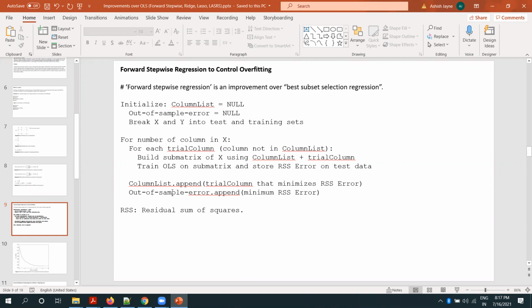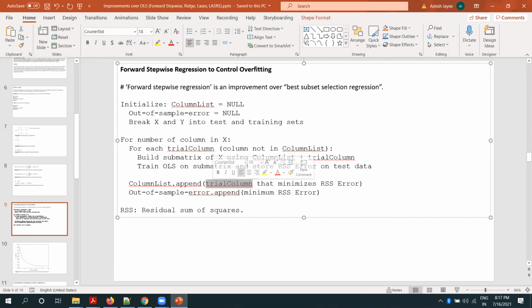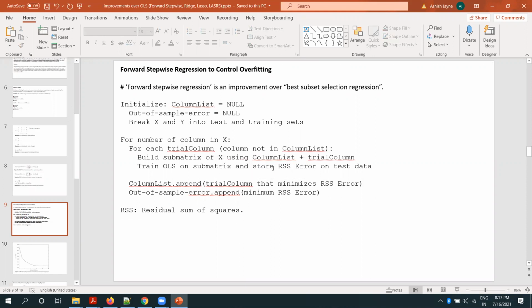The next step is to append that column. Now, which column do we append? After we are done with all our trial columns, we find that there is one column that minimizes the RSS error the most, and we append that column to our attribute list, the column list, and we also append the error that we get.